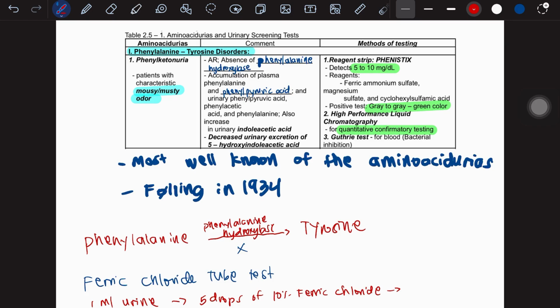So, ang positive result niya, please take note, is a permanent blue-green color. So, this is the positive result of your phenylketonuria in ferric chloride tube test. Permanent blue-green color.